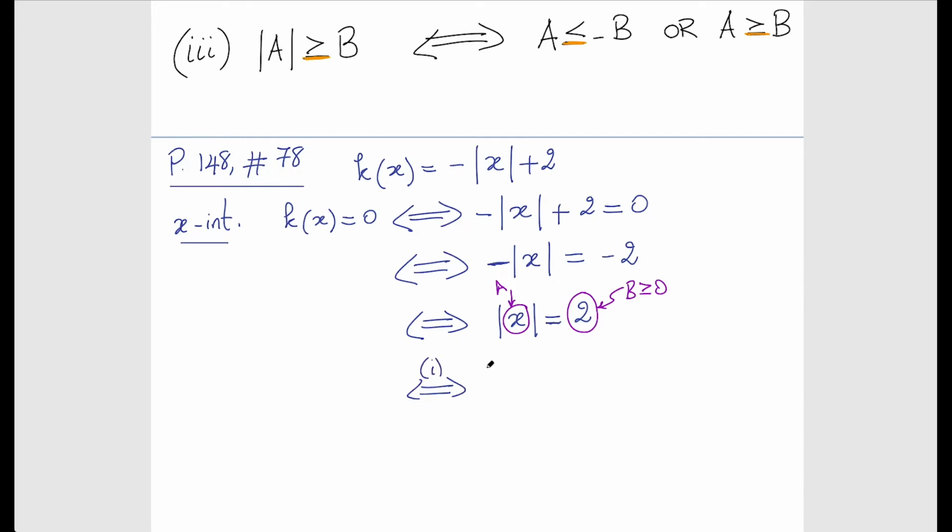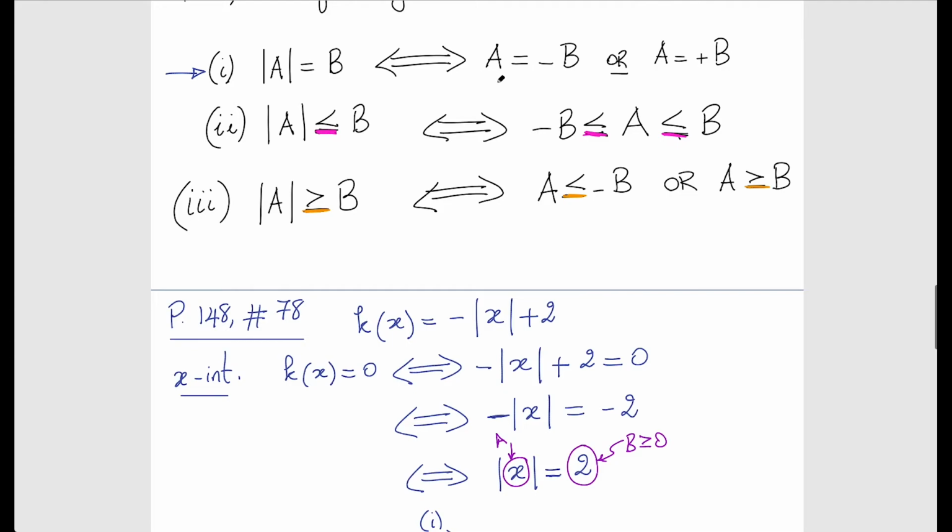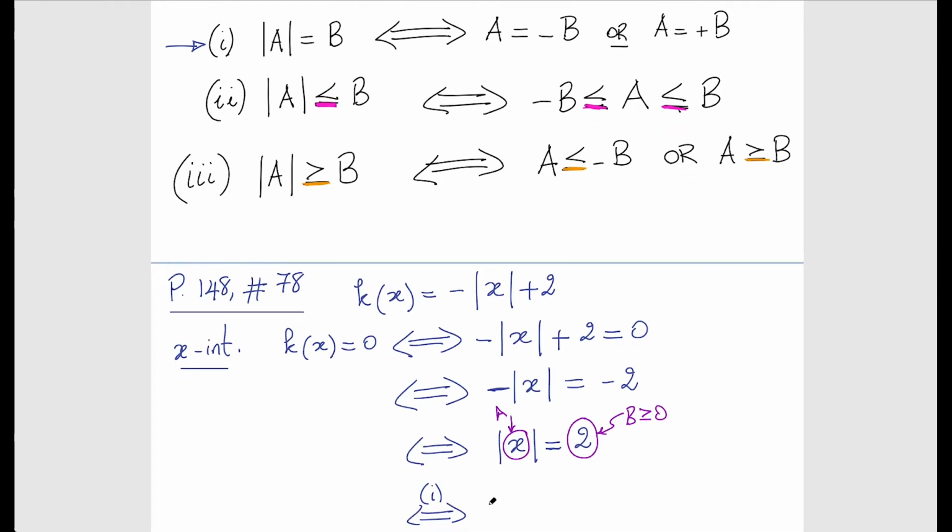we can write that part 1 says A is minus B or A is plus B, right? So A is x. So A is minus B, so minus 2, or A is plus B, so A, which is x, is plus B, which is plus 2. Okay?